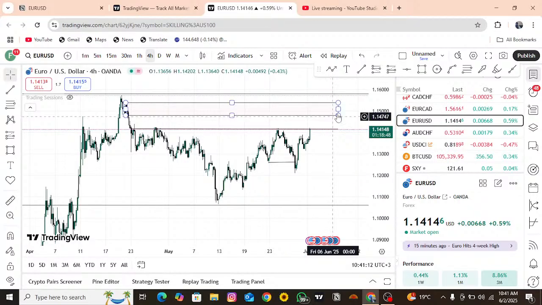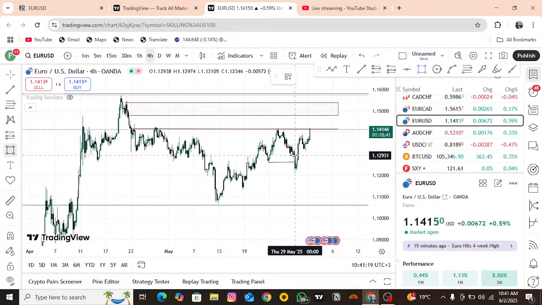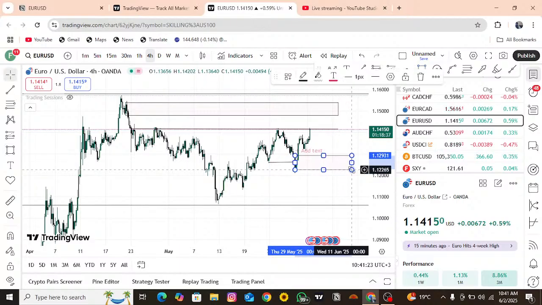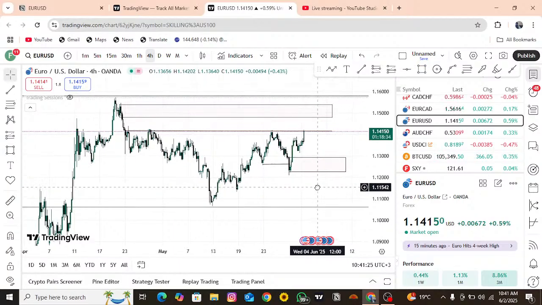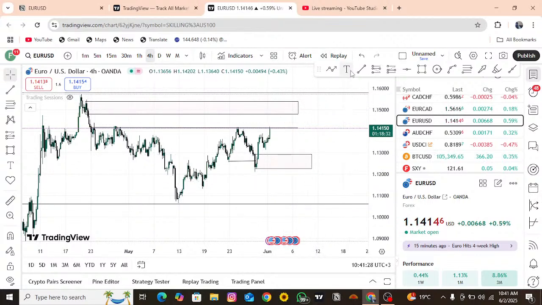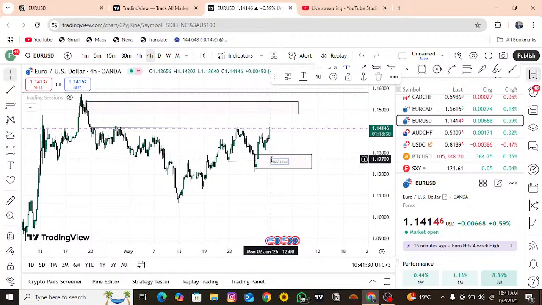So that's an area of interest. Then we have the price moving out. This one is an order block that has been left. So going forward, let me just mark it, an order block. Let me call it my demand zone.